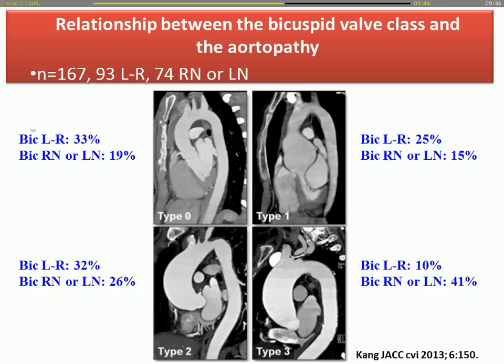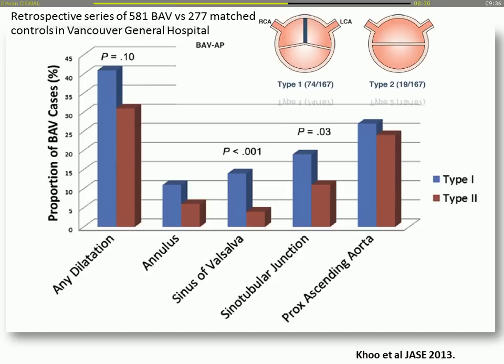So in the Kong study, they were able to demonstrate that there are some differences in the prevalence of the ascending aorta dilatation according to the phenotype of the bicuspid aortic valve, as I said before.